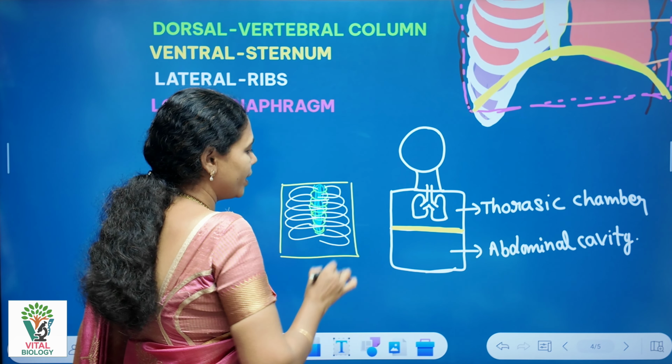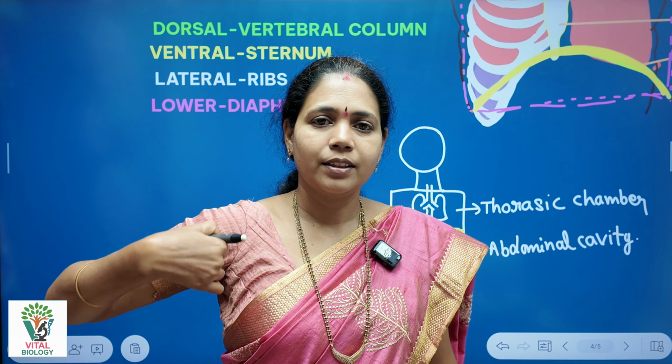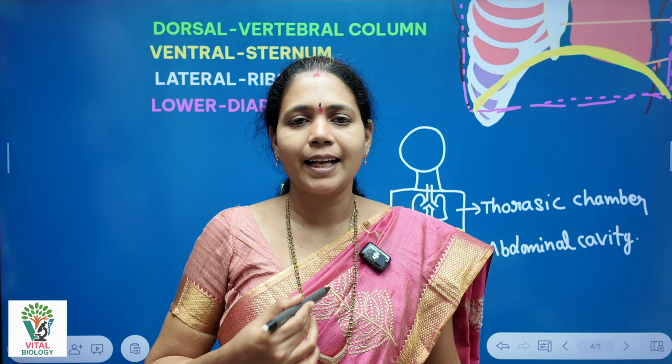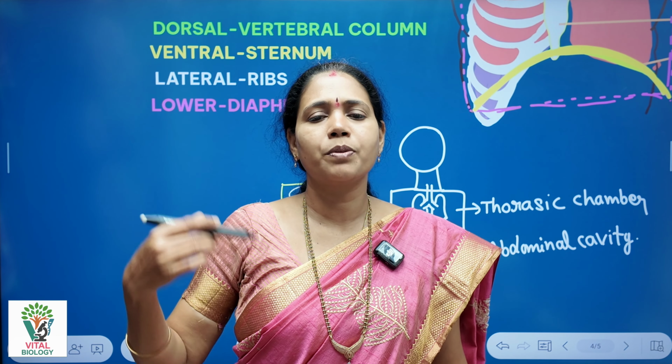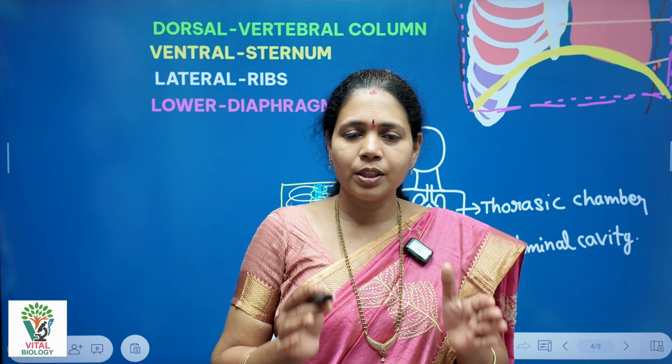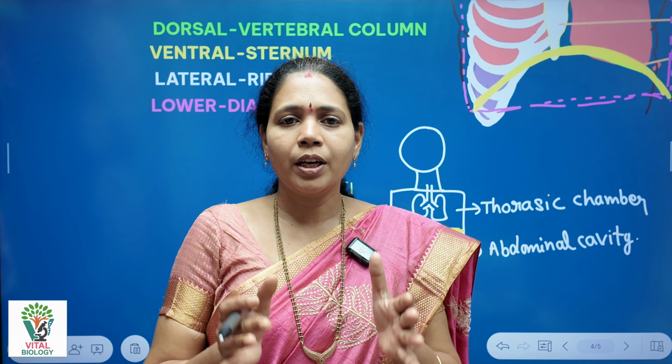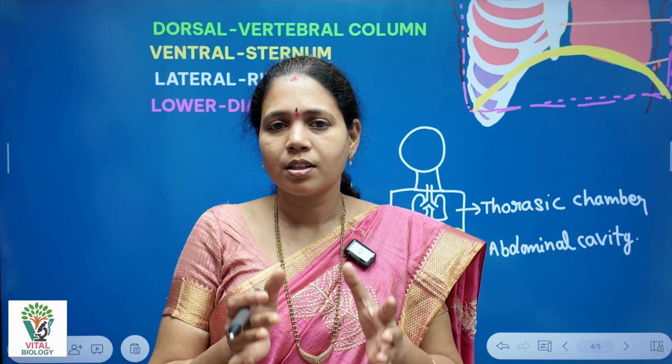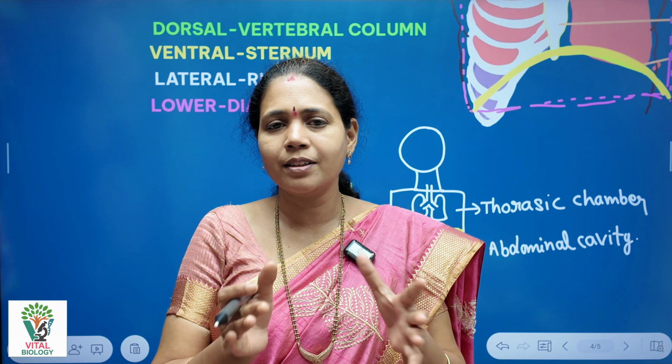Dorsally these ribs are joined to the vertebral column, and they run laterally and attach to the sternum, but not all, which we will study in later classes in the skeletal system. So various structures occupy four different directions.